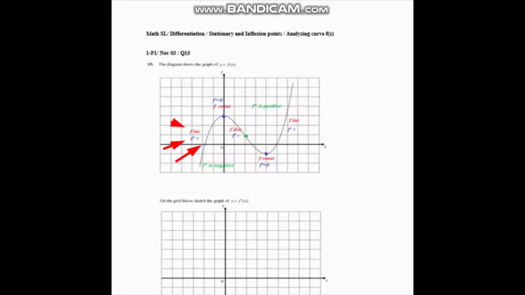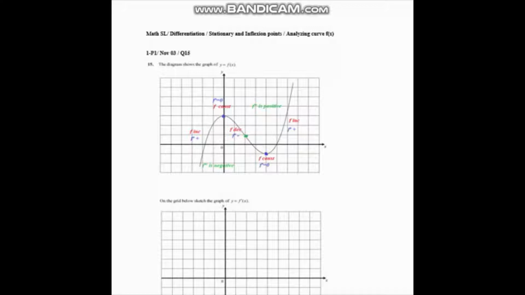Similarly, when f is constant, f dash is 0. When f is decreasing, f dash is negative. So this is easy to carry out for the rest of the curve. You simply translate our judgment on f into judgment on f dash. So now we know the state of f dash in every part of the curve, whether it's positive or 0 or negative.